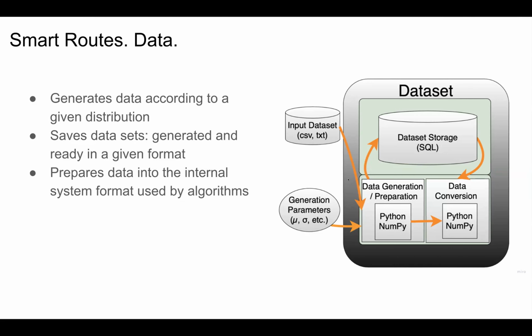We use the NeurIPS routing data format as input in our system. I'll show it a little bit later. We use this because it's a common one for the latest road optimization competition.